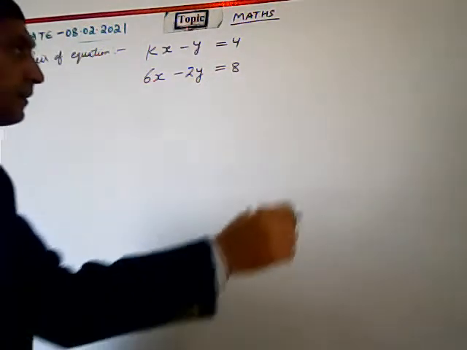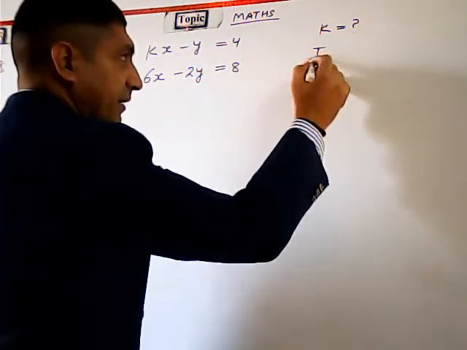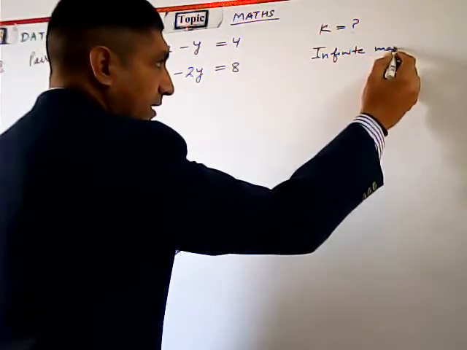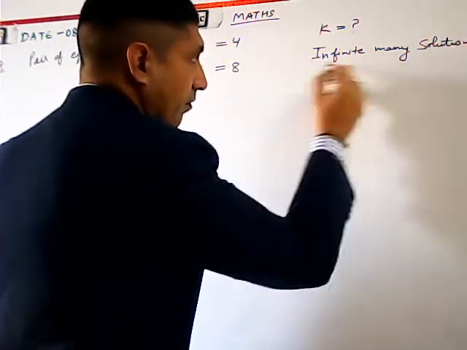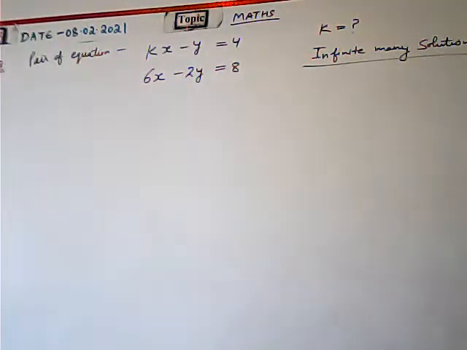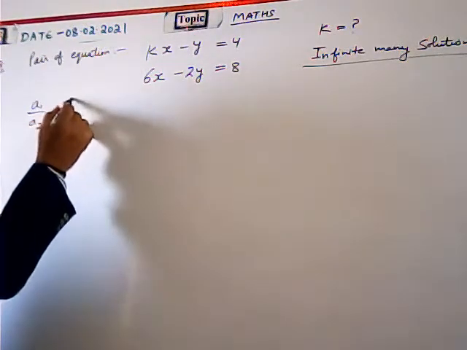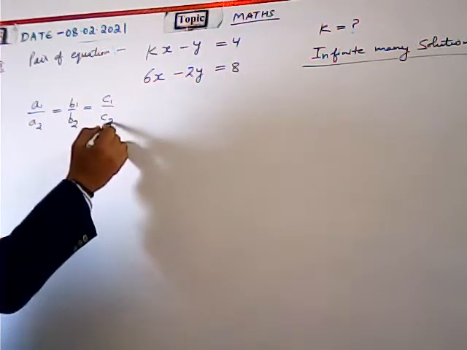For what value of k does the pair of equations have infinitely many solutions? We know for infinitely many solutions, the condition is a1 upon a2 is equal to b1 upon b2 is equal to c1 upon c2.